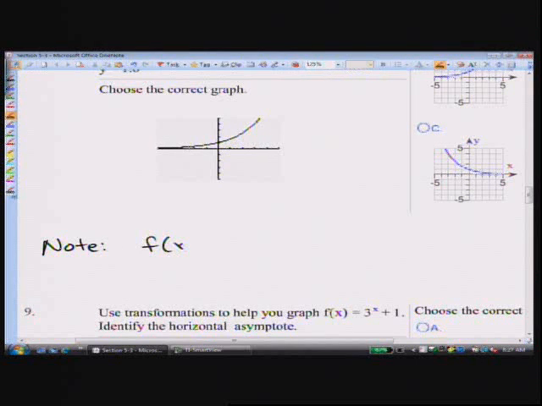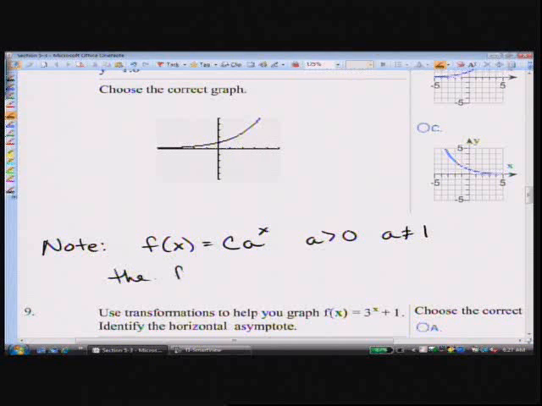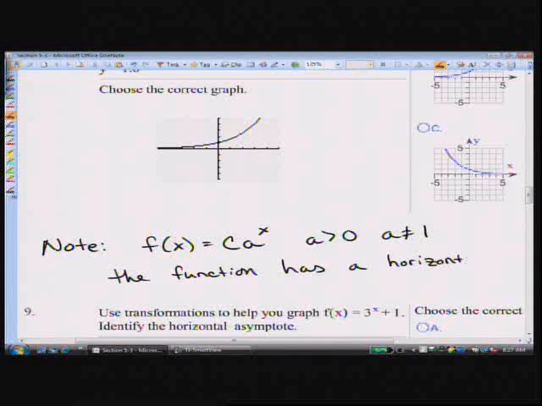If f of x is equal to c times a to the x, and a is greater than 0 and not equal to 1, because it's boring if it was equal to 1, then the function has a horizontal asymptote.